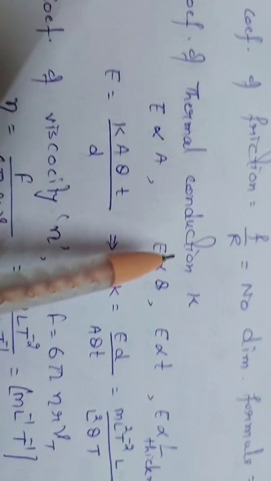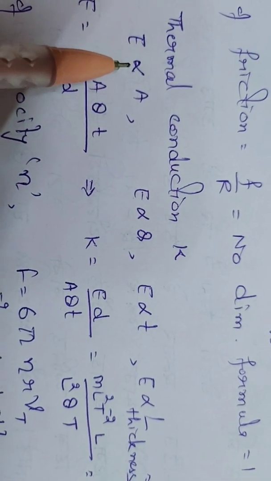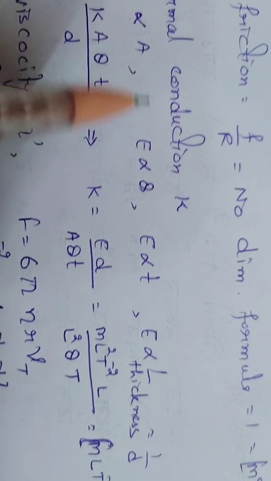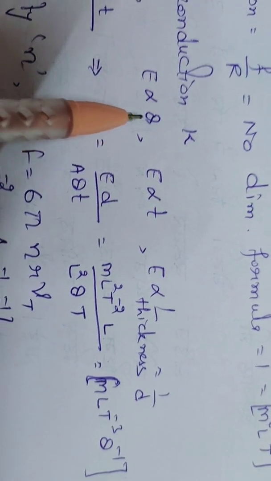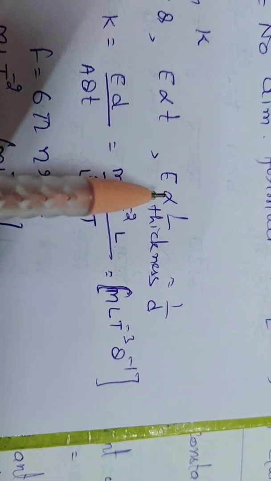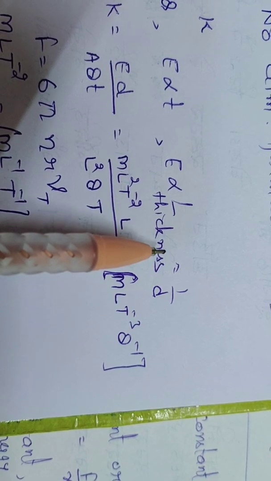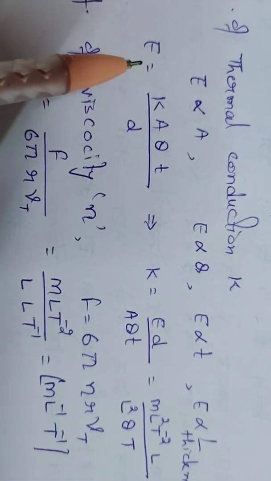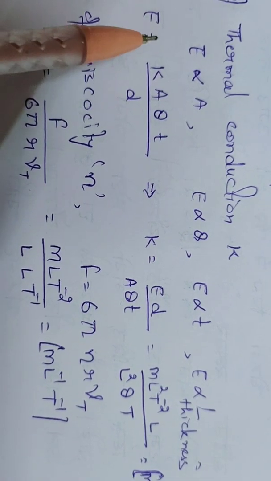Coefficient of thermal conduction. Generally the energy transferred depends upon the area, then temperature difference, then the time for which the heat is being applied, and it depends upon the thickness. Thickness is, let us say, d. So finally I got the formula: E is equal to the energy transferred.